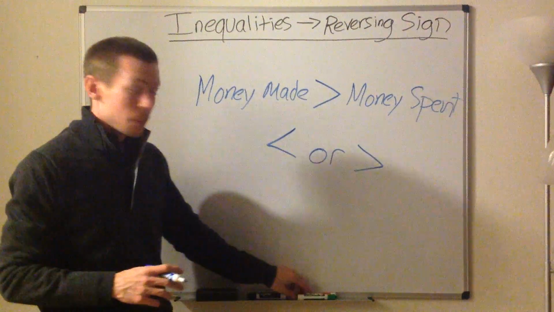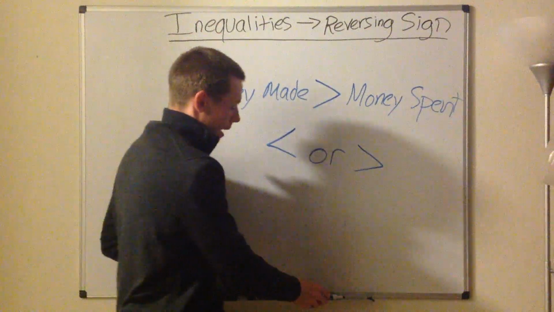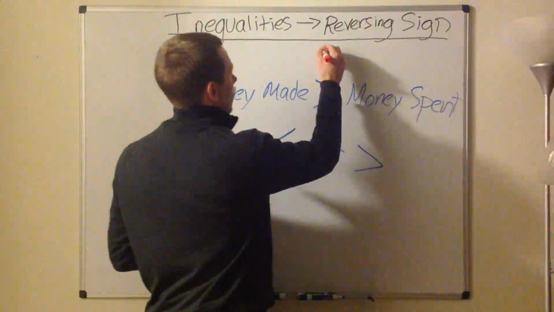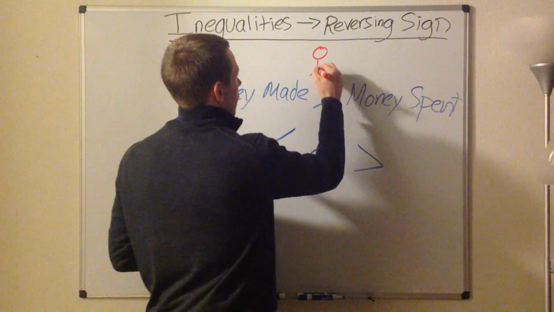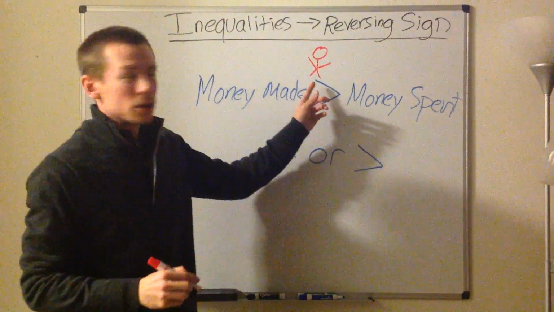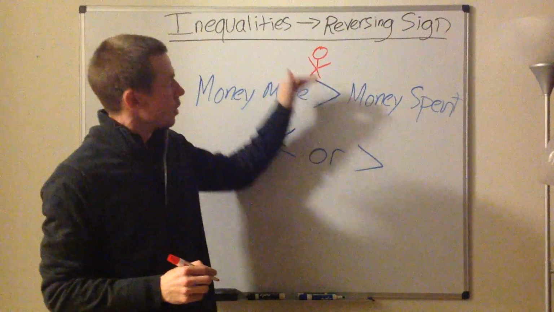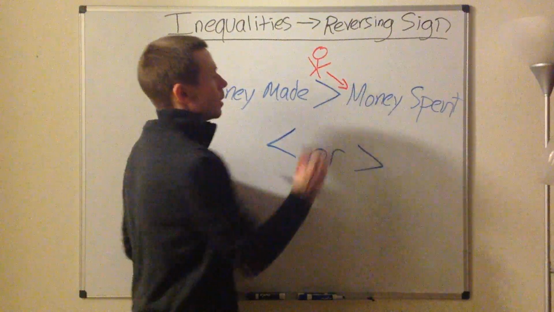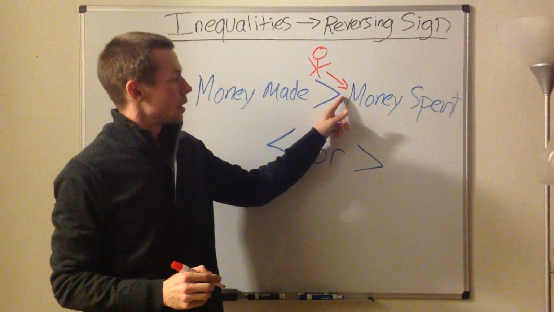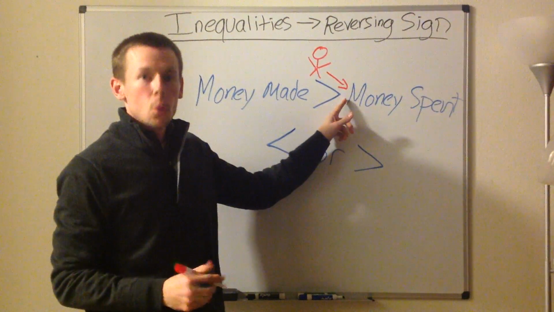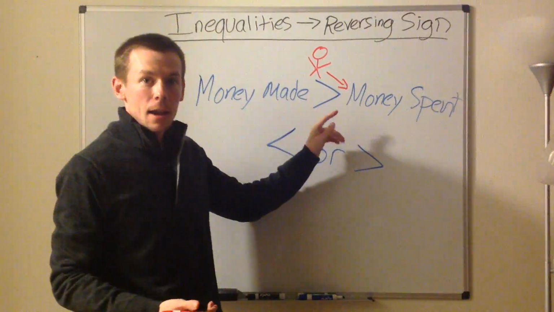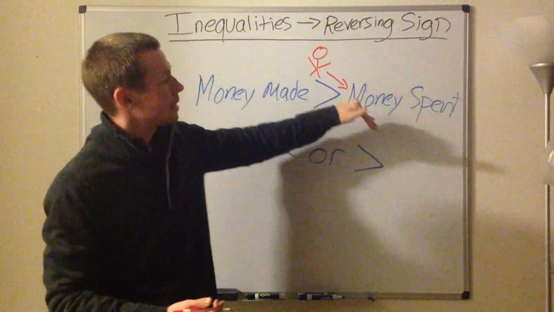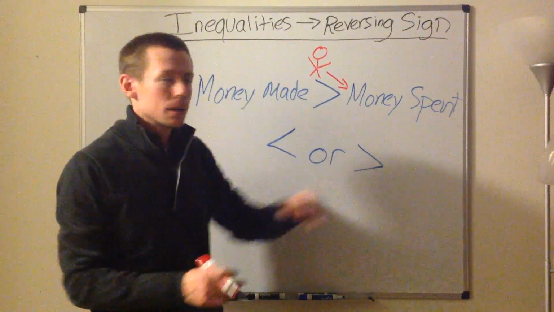And the way I remember the signs, and other people have their own methods, but if you picture a person at the top of the sign, you want to slide down to the smaller number. So the smaller number comes right after the point, or the smaller quantity, and the bigger number is over here. Okay, so you slide down to the smaller number.